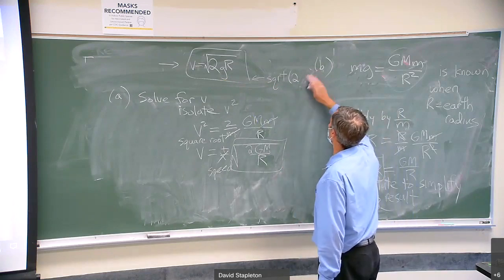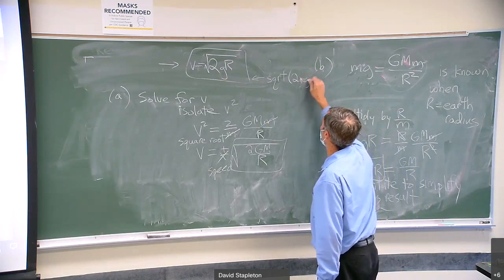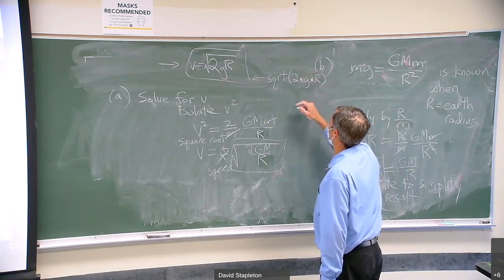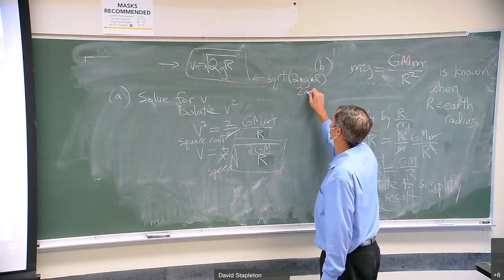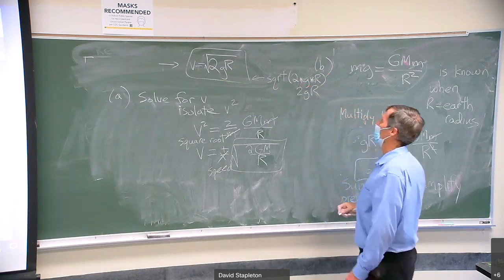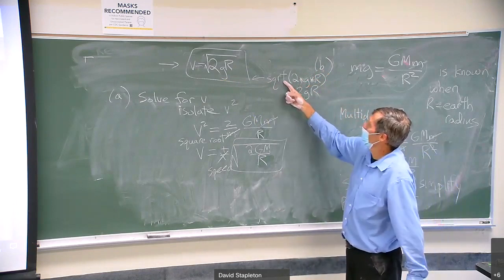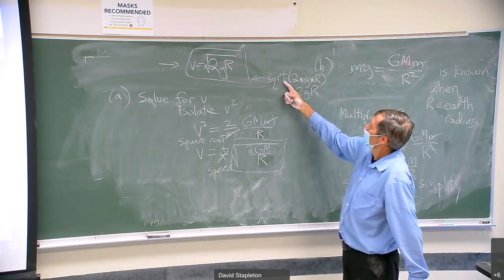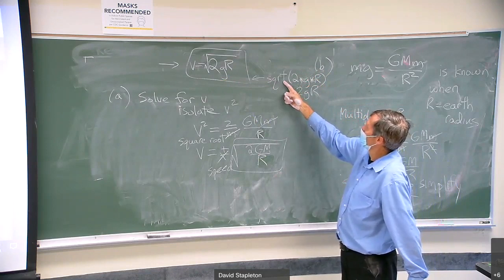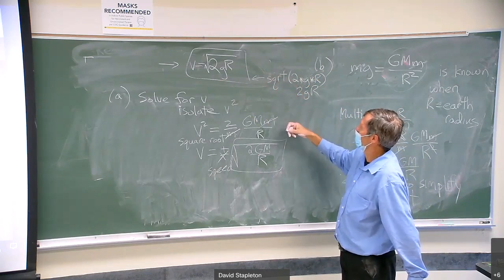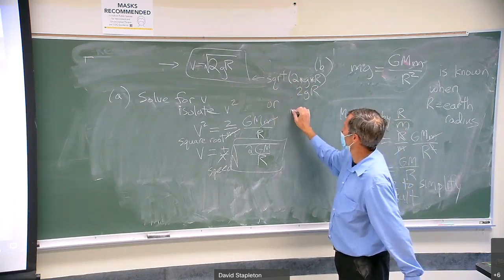Try this with the class and we'll check. I think 2 times G times R probably works. 2GR might work also, one of those two things. But this here is computer programming in many languages for the square root, and it will take that and convert it to a square root sign for you. Or you can use the square root sign on the menu.